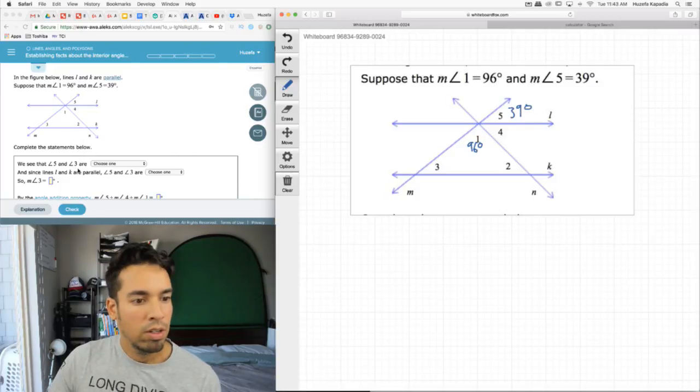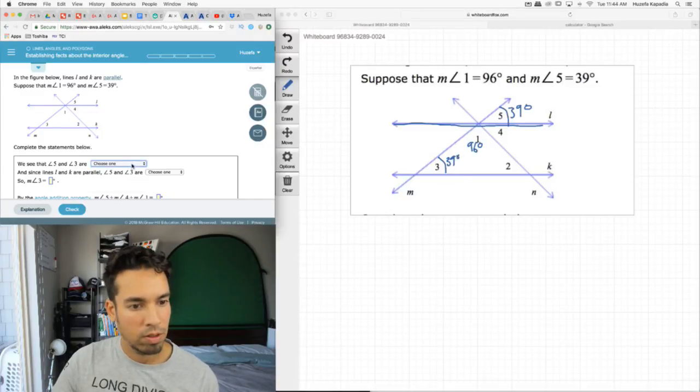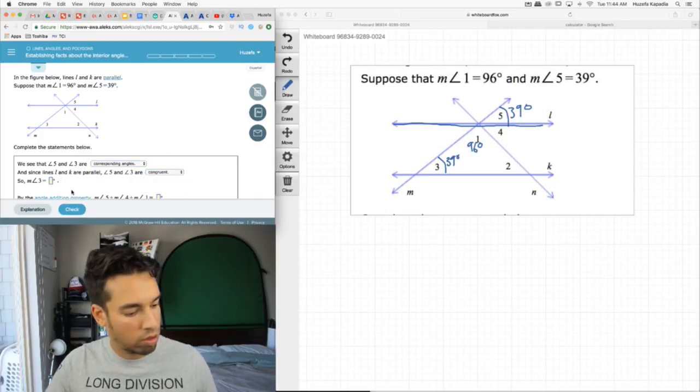Since L and K are parallel, 5 and 3 are what are called corresponding angles, which means they're congruent, or equal. So angle 3 is also 39 degrees.